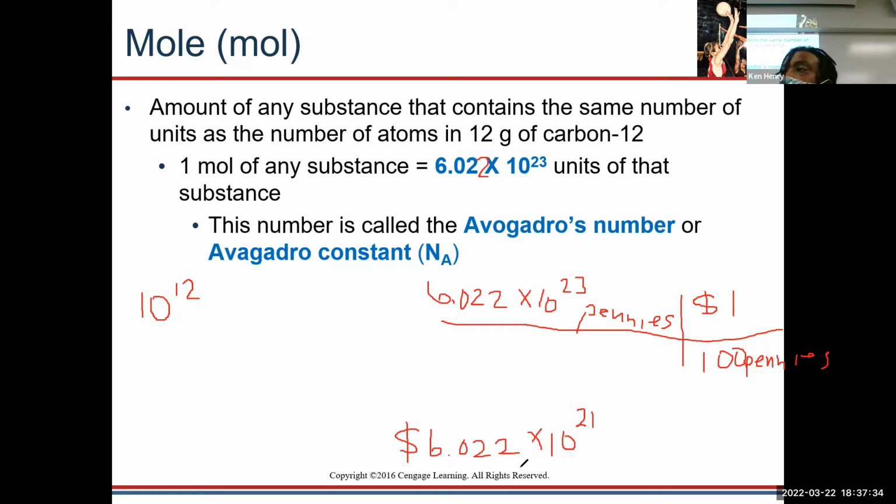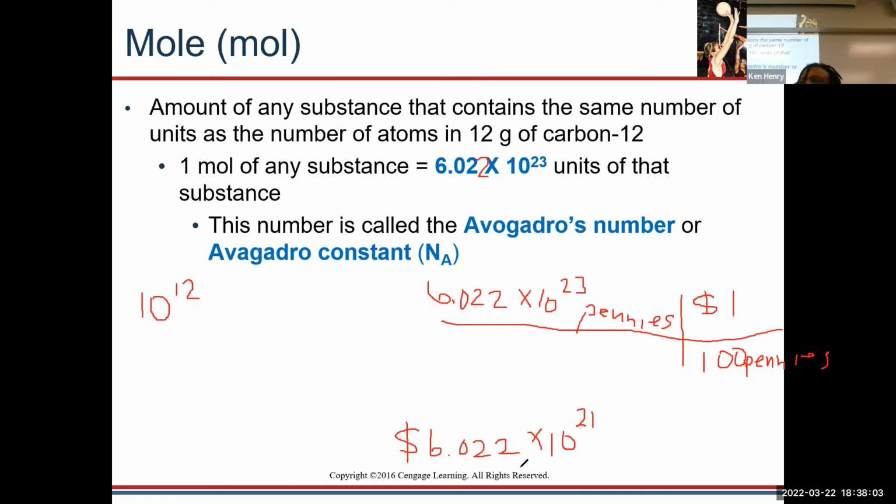Okay, good job. You know, when it comes to money, he knows his money there. So that kind of gives us an idea how much that is, right? That's a huge number of molecules. So if you have a mole of molecules, that is a lot of molecules. For instance, 12 grams of carbon is going to equal 1 mole.